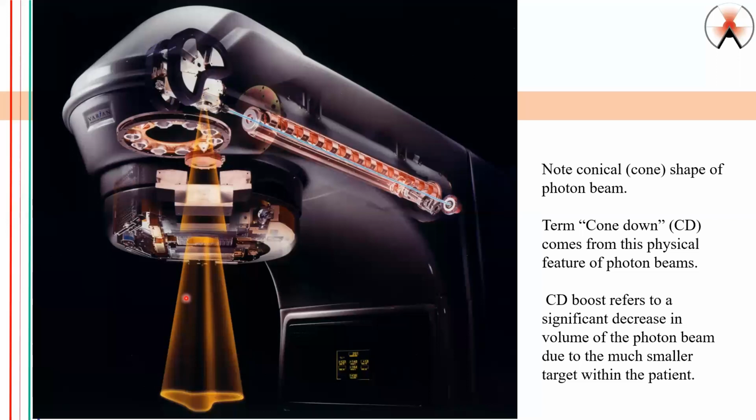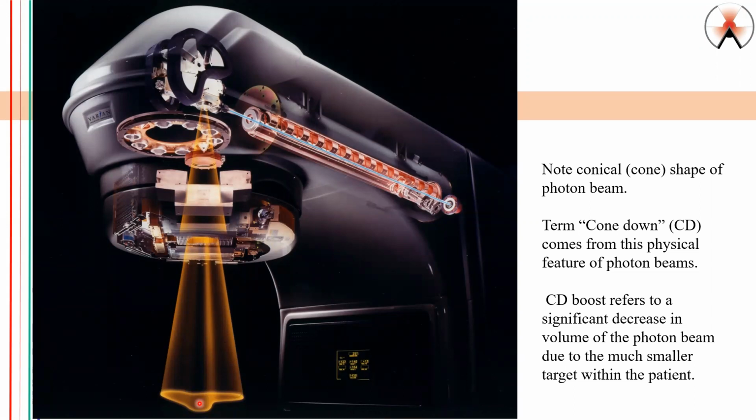When you cone down, if you can just imagine, now the beam is much narrower. So at the bottom, it will be a very small circular or conical opening. That's cone down. You have taken a large cone and reduced the shape of that cone so that when this enters the patient or the depth where the tumor is, you are now irradiating a much smaller volume. That's what a cone down is.